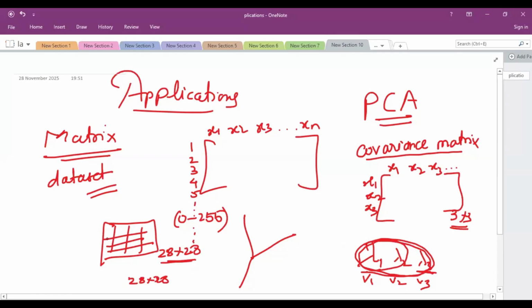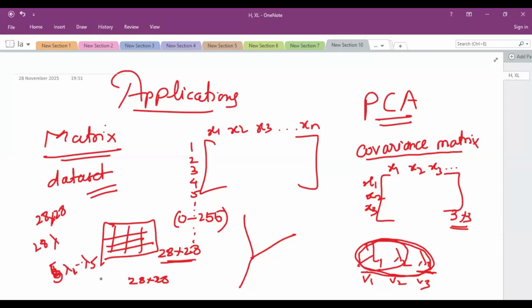So from 28 rows and 28 columns, where we will have 28 eigenvalues, we might come down to only five eigenvalues, let's say lambda 1, lambda 2 up to lambda 5. So that is a huge reduction in the data that was originally there in the image.